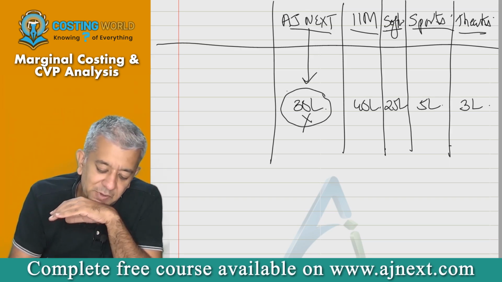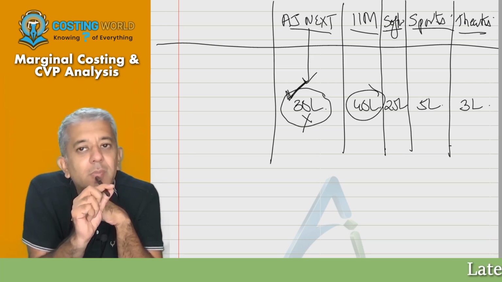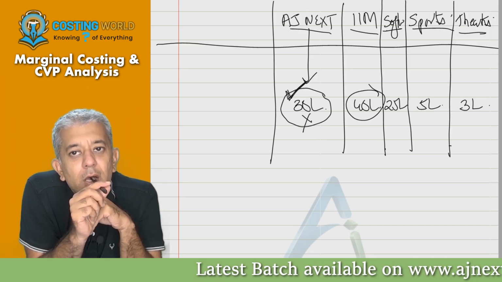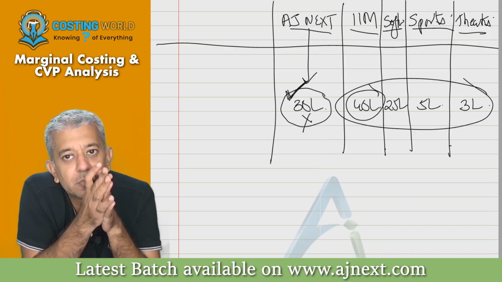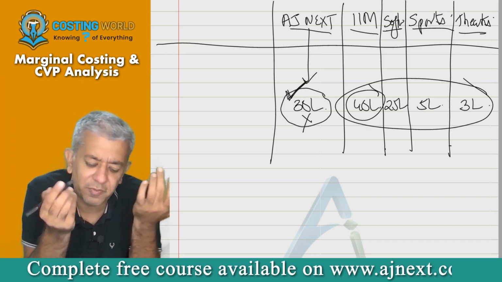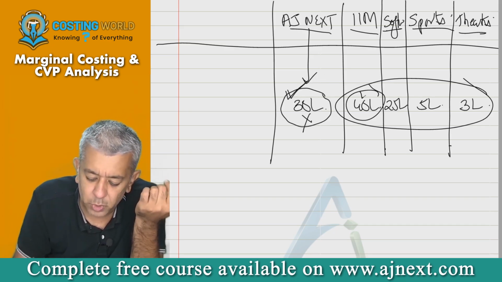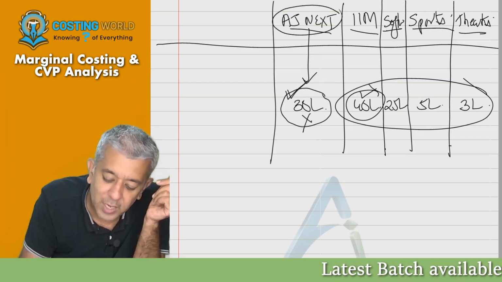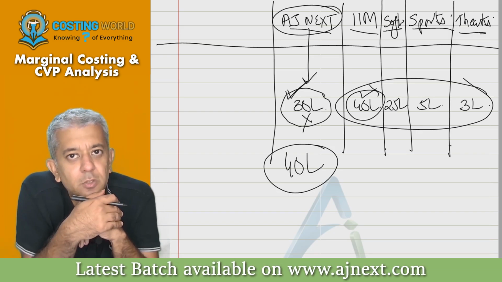So can we say if I am taking lectures over here, I am losing 40 lakh rupees? I would have done only one of these 5 things here. So if I am over here, I am losing the opportunity of earning 40 lakhs. So for AG Next, my opportunity cost becomes how much? 40 lakhs. You all understood this?